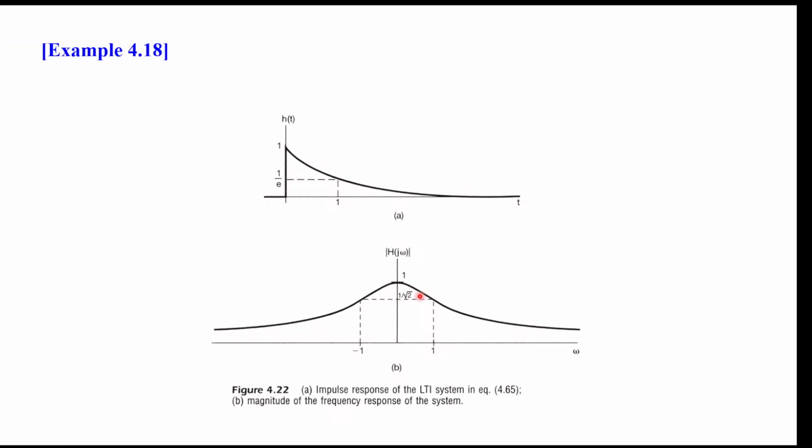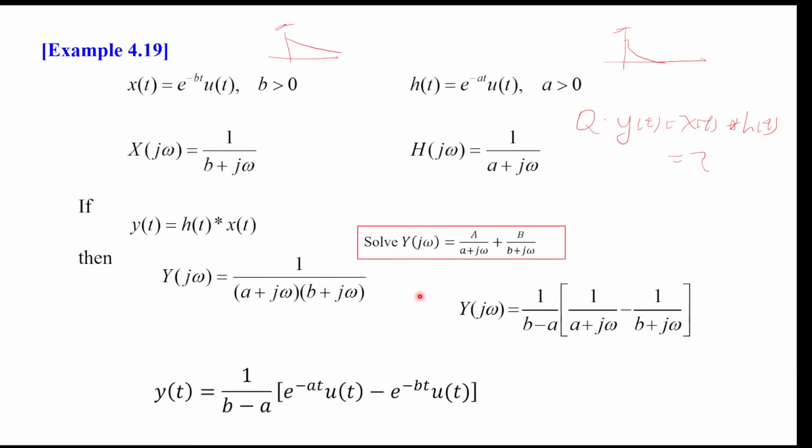Okay, and the next example is an example that teaches us a bit more math. This is a bit of a funny example, but the idea is very easy. Once again we have a system and the impulse response, and we ask you to calculate the output of the system.